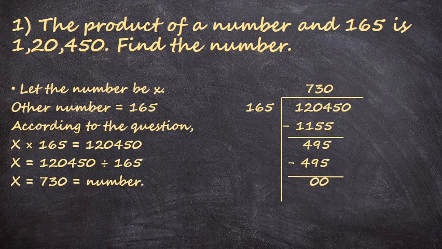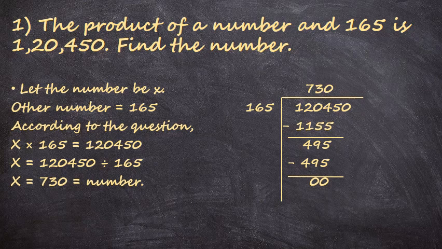Why have I written according to the question? Because in this question it is already mentioned that the product of a number and 165, product meaning multiplication, will be equal to 1,20,450. So the unknown number we have assumed to be x.